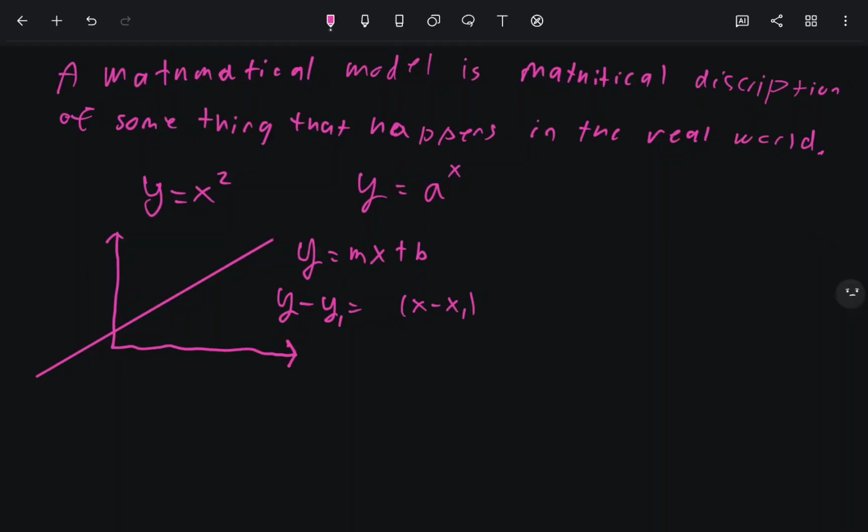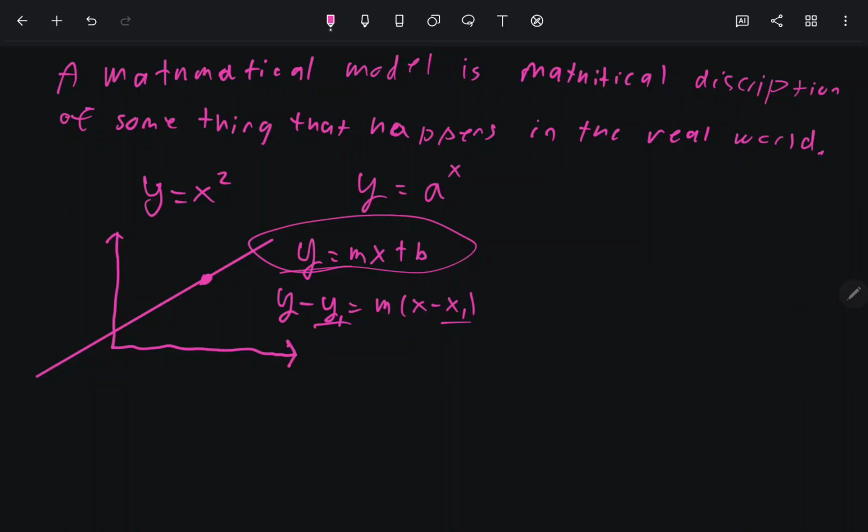And you may ask yourself, why do we want this equation? Well, this equation is actually a lot easier to work with than, in my personal opinion, y is equal to mx plus b. Because as long as we know any one point, for example, if we knew this point, we can plug that into this equation, and we would have an equation for the line.